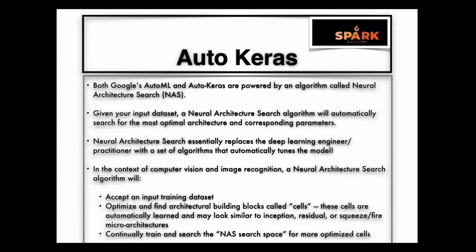In the context of computer vision and image recognition, a neural architecture search algorithm will accept an input training dataset, and optimize and find the architecture building blocks called cells. These cells are automatically learned and may look similar to Inception, ResNet, or SqueezeNet Fire microarchitecture. It continually trains and searches the NAS search space for more optimized cells.